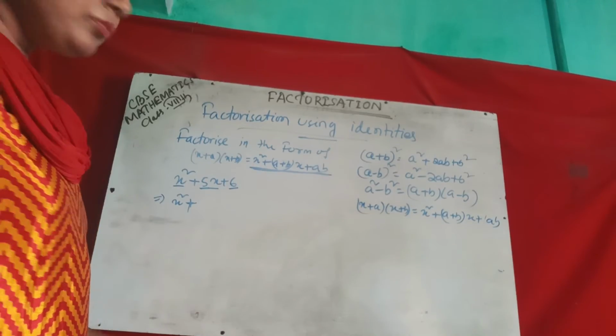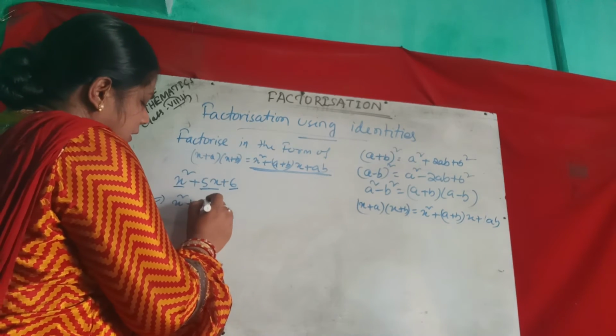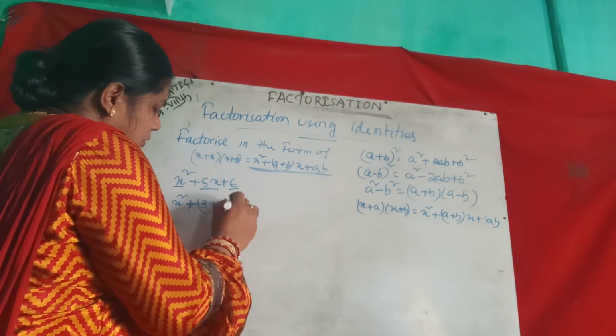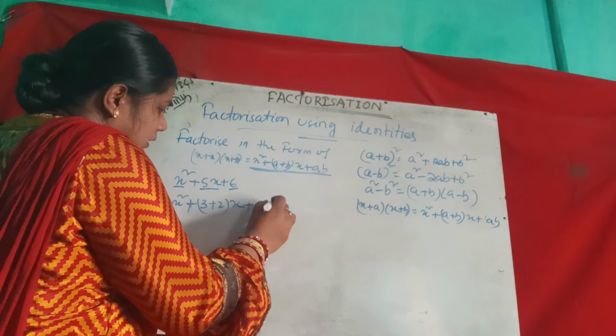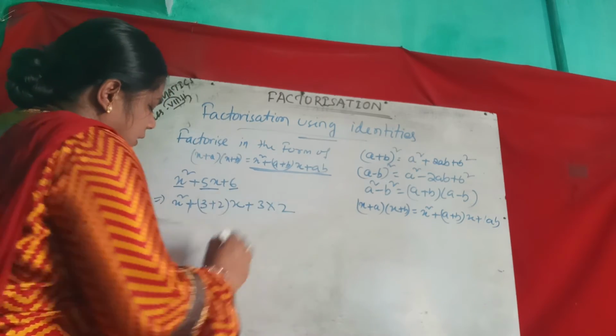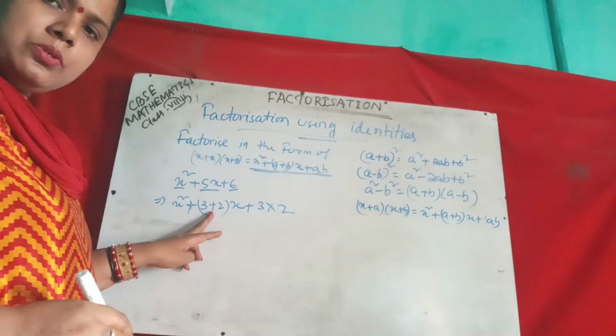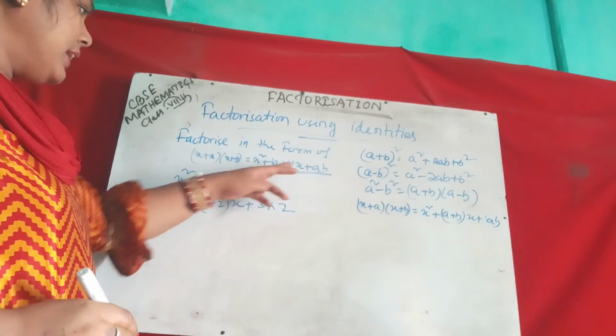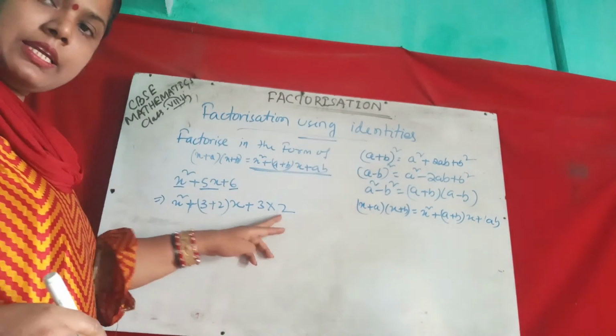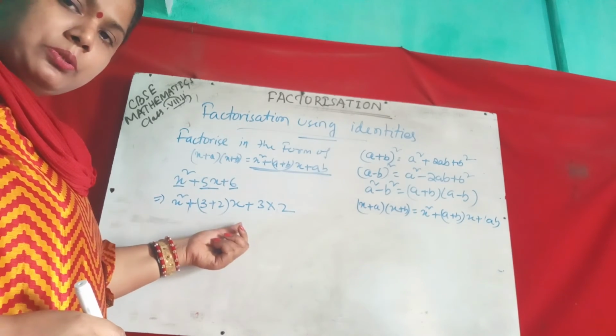So you can write 5 as 3 plus 2: x square plus (3 plus 2)x plus 3 into 2. That is x square, a plus b is 3 plus 2, x, then ab is 3 into 2. Here a is 3, b is 2.